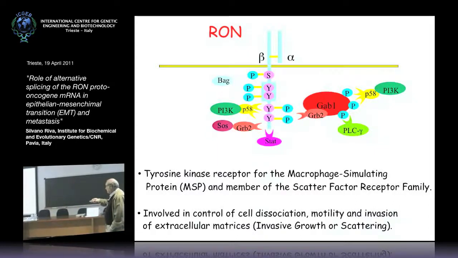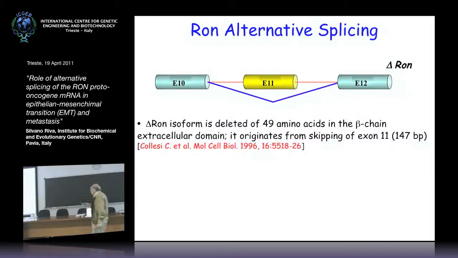The receptor is a heterodimer derived from a precursor which is cut by a protease, so you have two subunits. They observed that certain tumors, colon carcinomas, contained a very high level of a form of this receptor that was deleted of a very tiny exon, 49 amino acids in the beta chain.